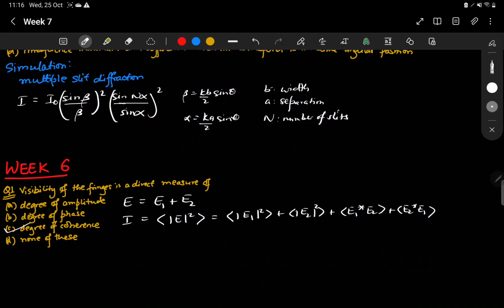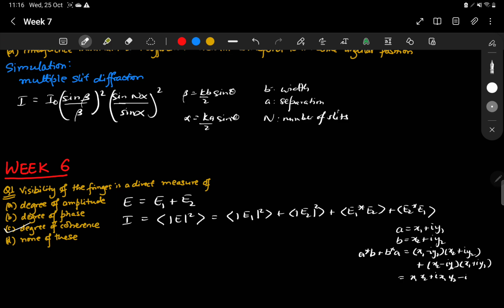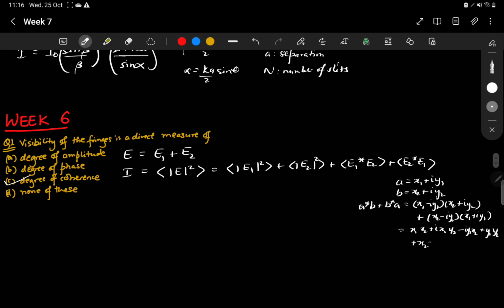Now if we have two complex numbers, let's say a is x1 plus i y1 and b is x2 plus i y2, then let's see what a star b plus b star a is.